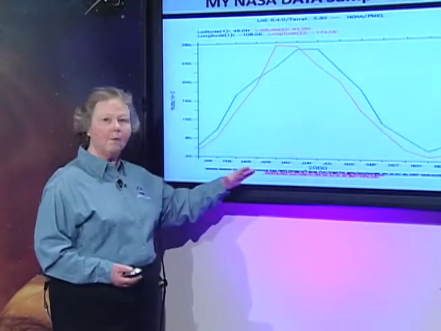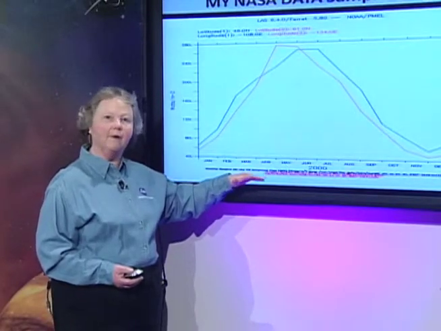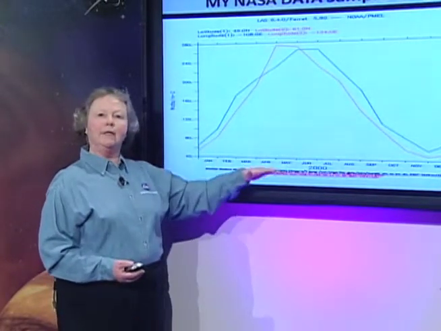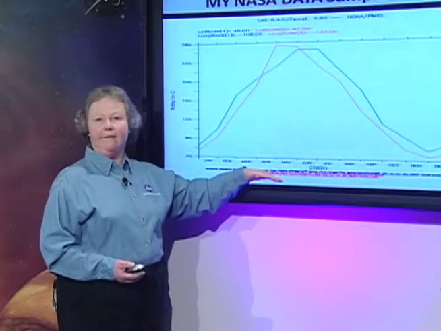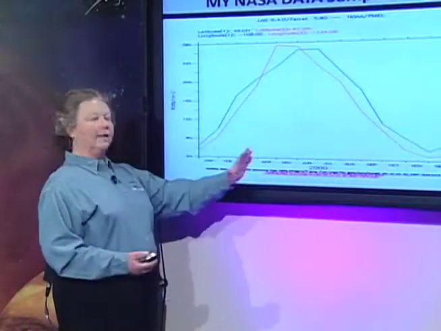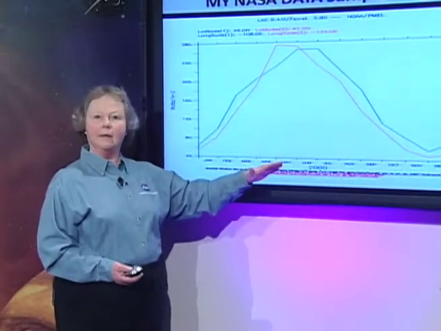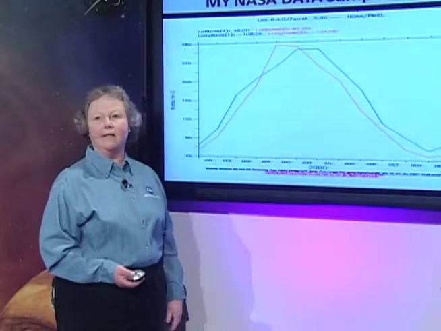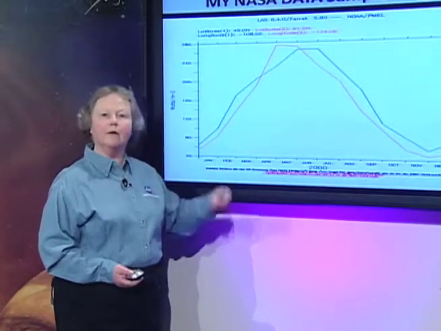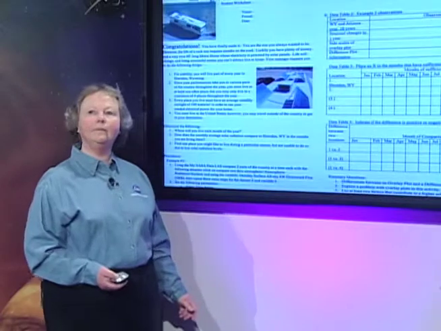It was not imported into another spreadsheet program. You and your students can do the graphs from the Live Access server. And this is the general appearance of a sample graph using the Live Access server. In particular, this is called an overlay graph.